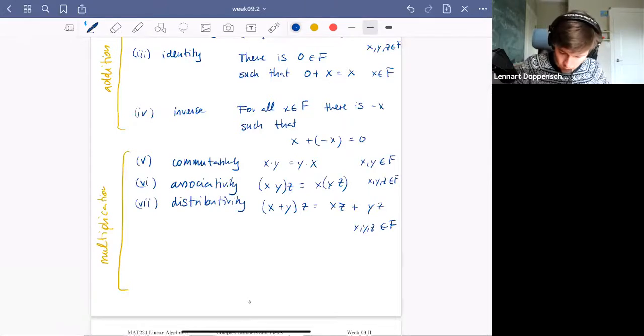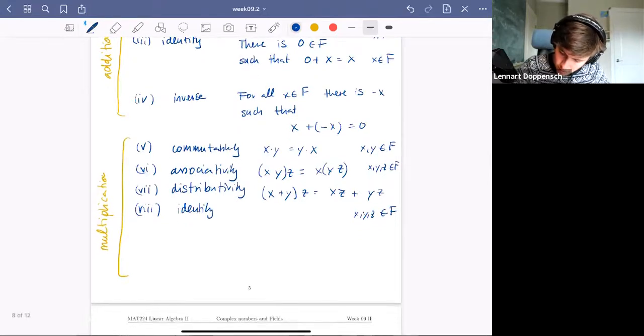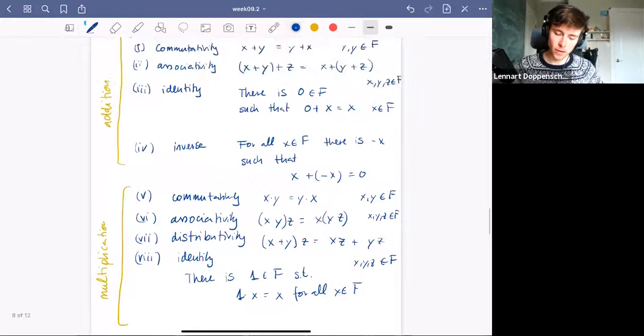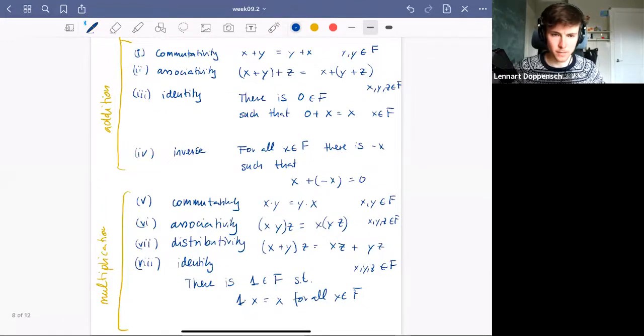Now we get to number 8, which is the identity. So this means there is 1 in F such that 1 times x is equal to x for all x in F. So you can see how these repeat for addition and multiplication.